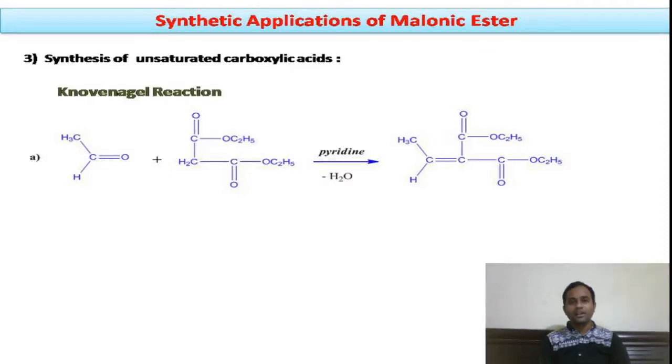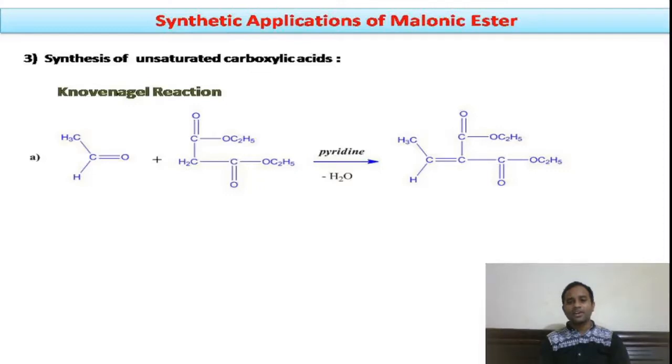Similar to acetoacetic ester, our malonic ester will also give these alpha, beta unsaturated carboxylic acids as the product. This is a named reaction, that is the Knoevenagel reaction. This is a condensation reaction in which only aldehydes will undergo condensation with active methylene compounds like malonic ester.